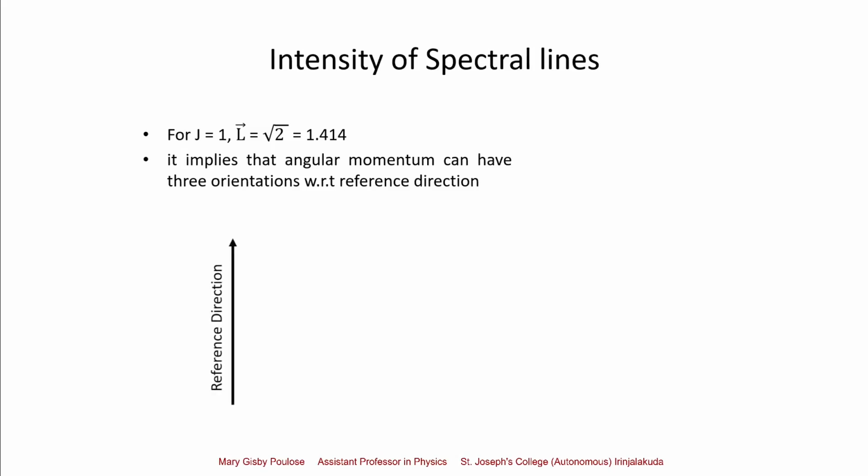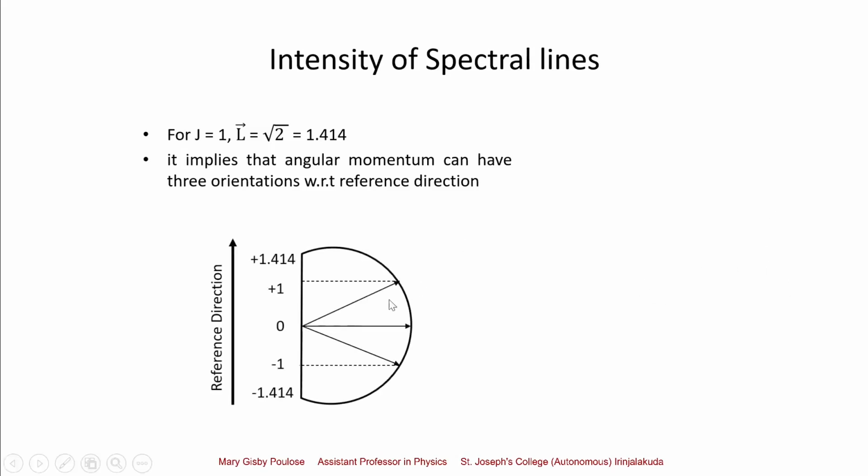Now let this be the reference direction. Hence, the molecule can rotate with angular momentum 0 or angular momentum plus 1 or angular momentum minus 1. It cannot have the value plus 2 or minus 2 because L has the upper limit of 1.414. It has not become 2. So unless it becomes 2 or greater than 2, it will have only values minus 1, 0 and 1.